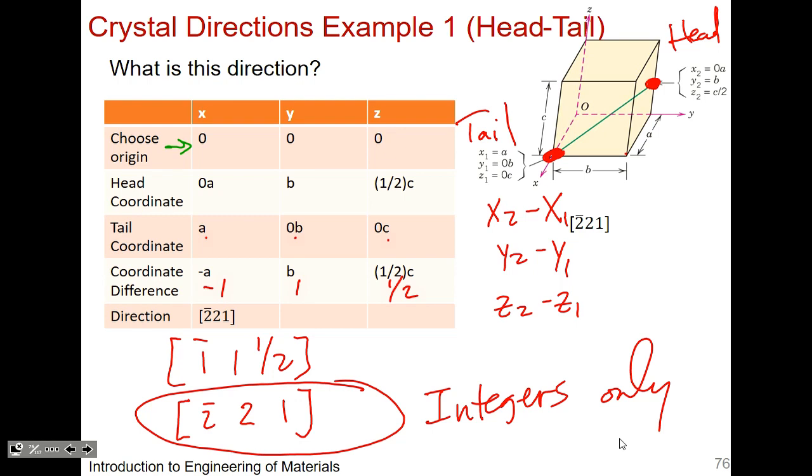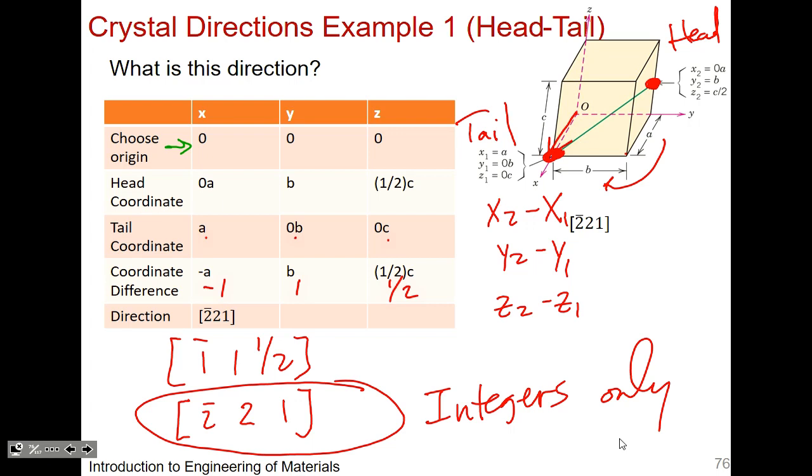I haven't told you that this is a cubic system, so you wouldn't necessarily know that there are certain symmetries you could rely on. Right now, the head-tail method is just operating on the fractions of the unit cell. When I say x1 equals a, all I'm saying is that I moved one unit vector along the x direction, and that's length a. I didn't tell you what a is, and I didn't tell you if a is equal to b. It looks equal to b, but there is no precise declaration of that.